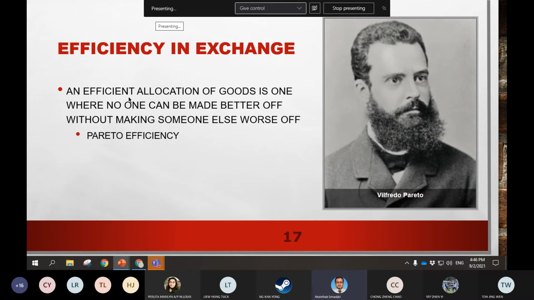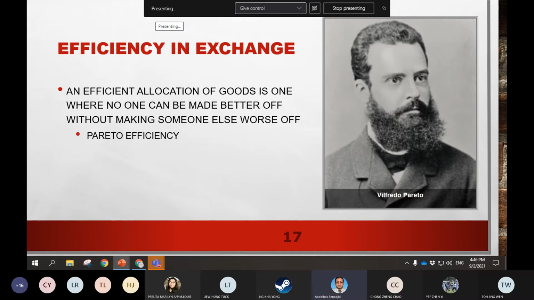So an efficient allocation of goods is one where no one can be made better off without making someone else worse off. So we cannot both be better off. If someone wants to be better off, another one must be worse off.